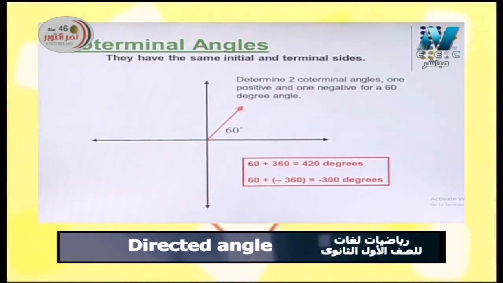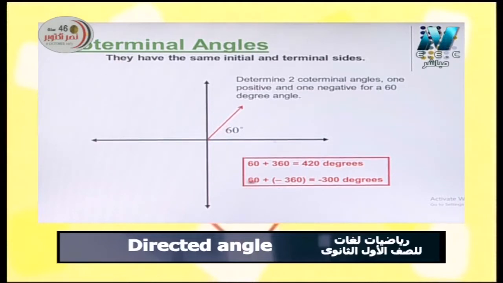What do we do to find two coterminal angles, one positive and one negative? 60 plus 360, so the answer will be 420 degrees. Then the angle of measure 420 degrees is equivalent to 60 degrees because it turned another complete round and returned back to the terminal side.